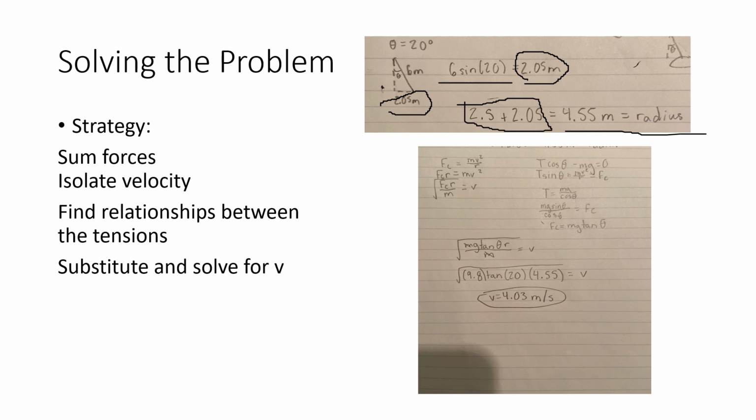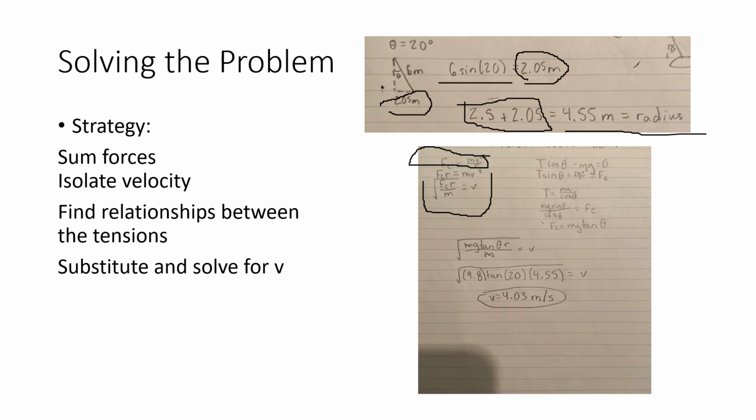Knowing this, we can use our equation up here, mv squared over r, and we can also sum the forces. Here we can isolate for velocity, and this is going to help us a lot later on.